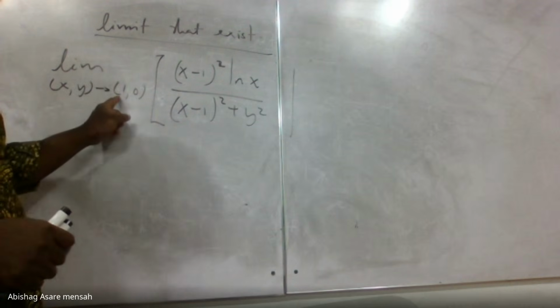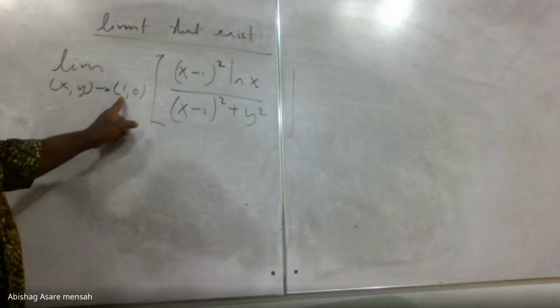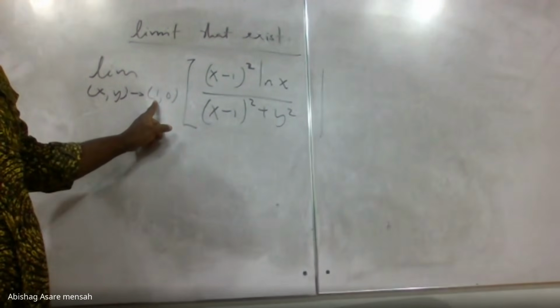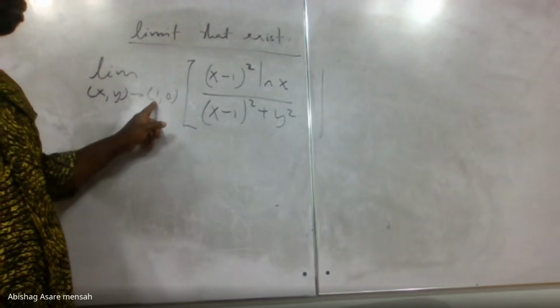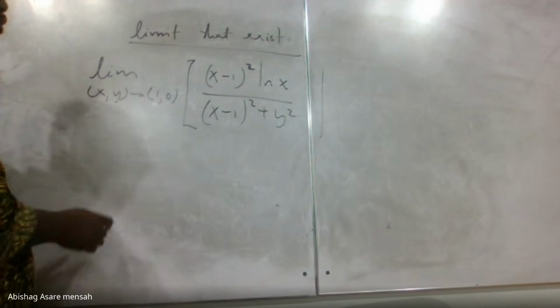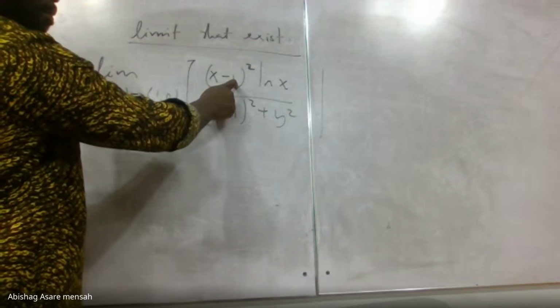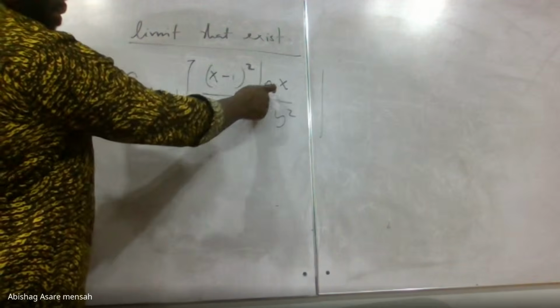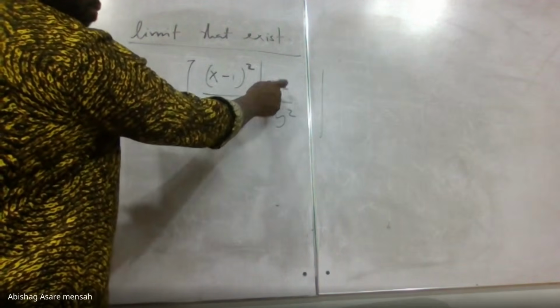First set s equals 1, and put it into the function. If you put s equals 1 here, this will be 1 minus 1, which is 0. Log 1 is 0. And this one will be 0.